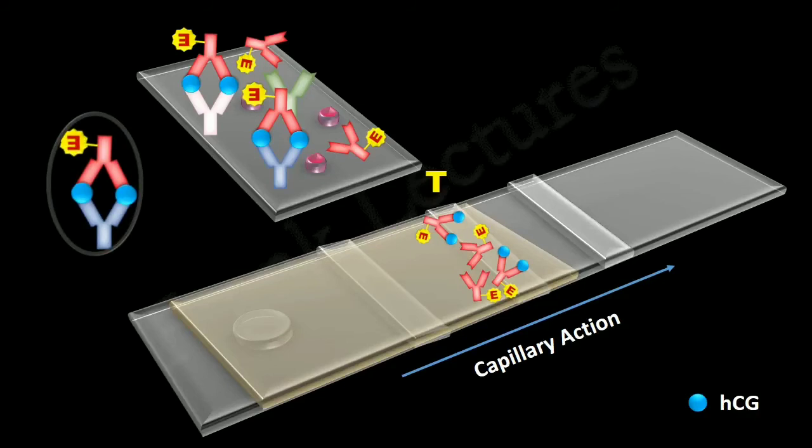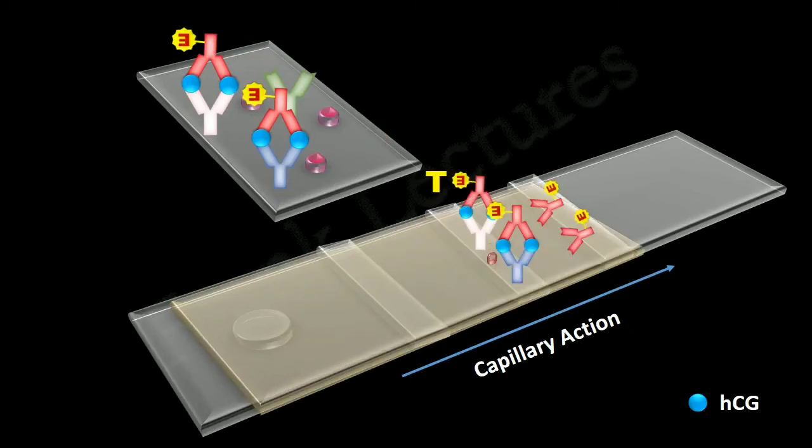That is, between the antibody of the reaction zone and the antibody of the test zone. Again, as we said before, the antibodies of the test zone are fixed. Therefore, these test zone antibodies and the sandwich complexes formed by them do not move further along with the urine. But other free anti-HCG antibodies of the reaction zone continue to move further in the strip by capillary action.